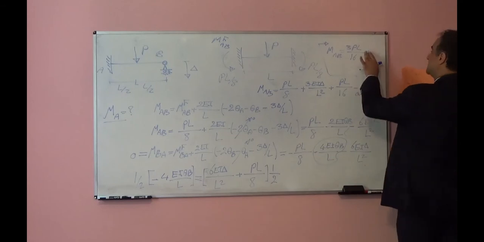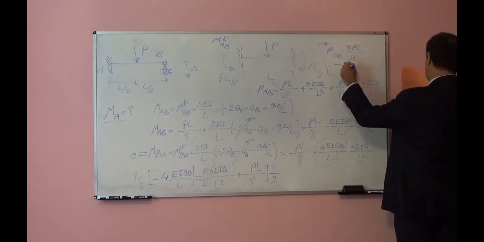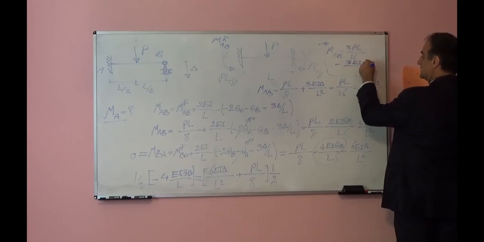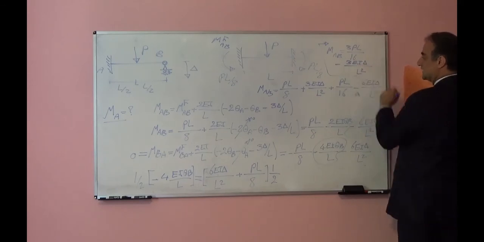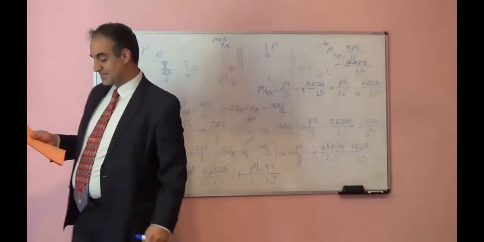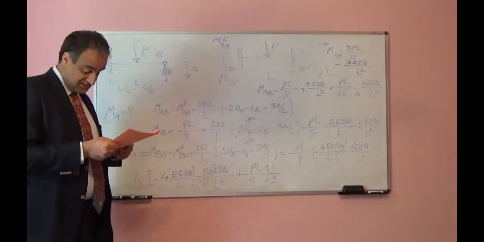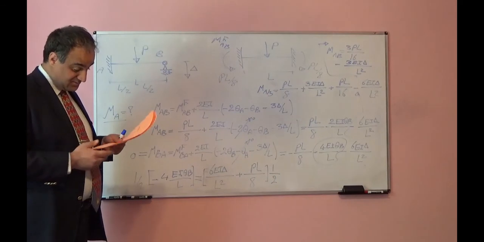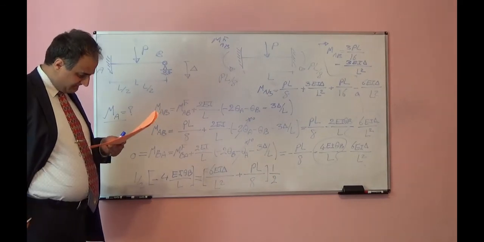So this will be negative 3EI delta over L squared. Again, double check to see everything is right. I didn't make any mistake. Let's see.